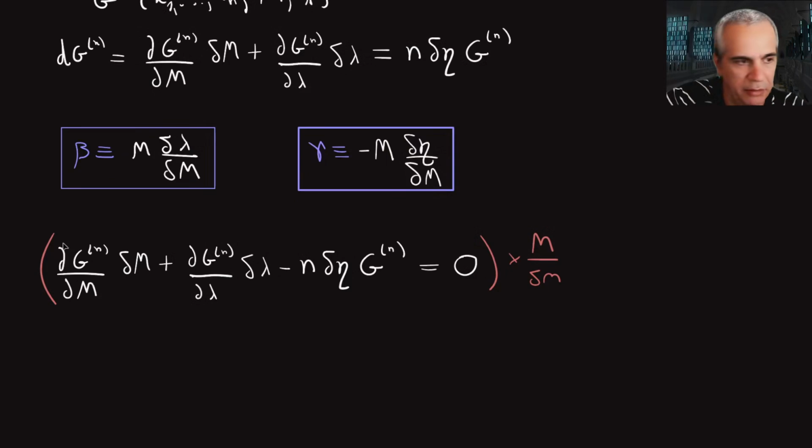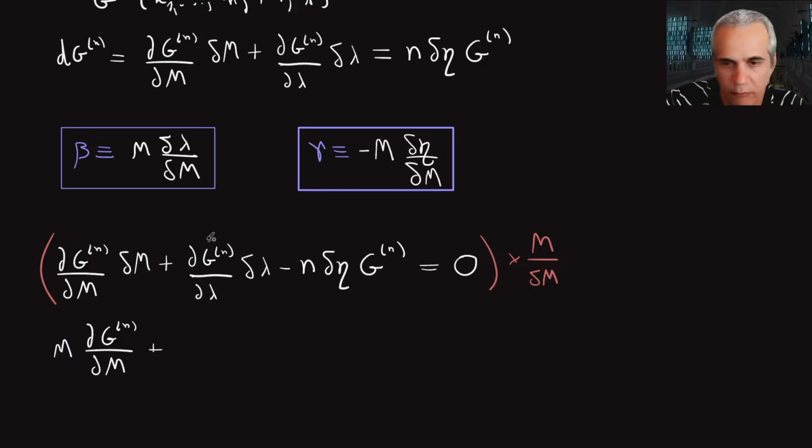Let me write this. So this delta m goes away, because I multiplied by this. Here I have m times this.